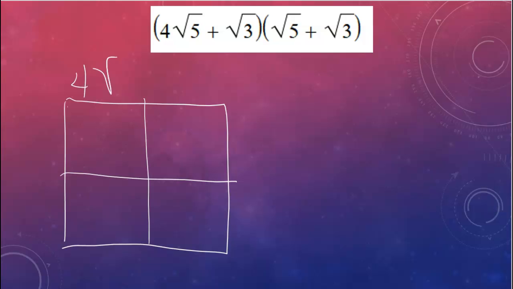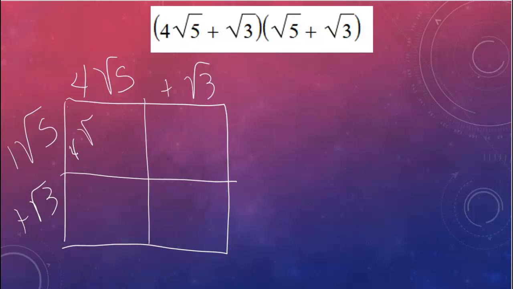4 square root of 5 positive square root of 3, square root of 5 positive square root of 3. Okay, so I can put a 1 in front of there if I want to, but I don't really need to. 4 times 1 is 4. Square root of 5 times square root of 5 is square root of 25. Square root of 25 is 5. 4 times 5 is 20.